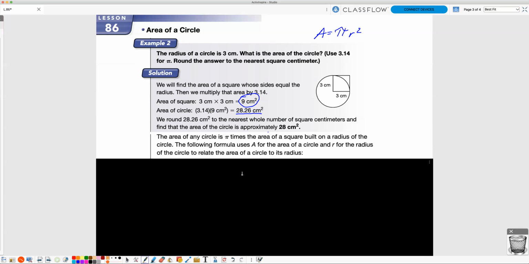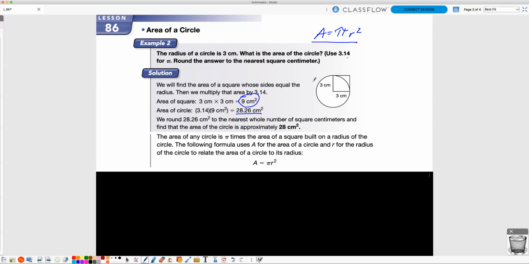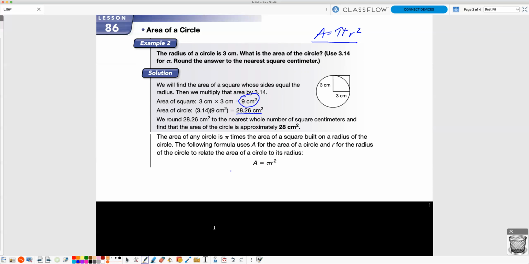The area of any circle is pi times the area of a square built on a radius of the circle. The following formula uses A for the area of a circle and r for the radius of a circle to relate the area of a circle to its radius. As I said up here, area equals pi r squared.